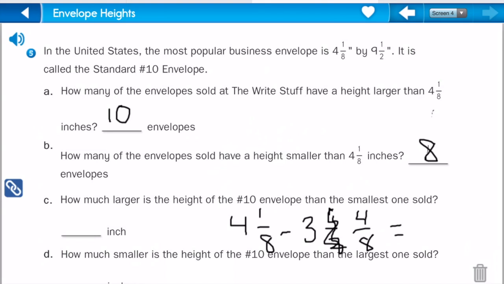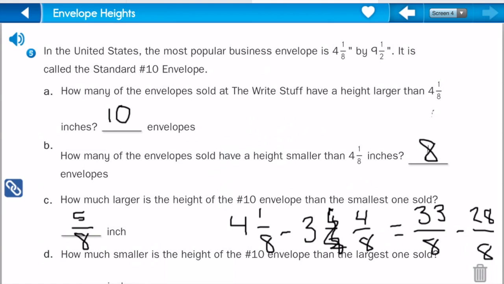It would be 33/8 minus 28/8. And if we subtract those, we would get 5/8.